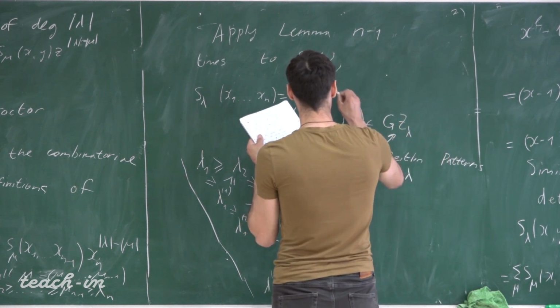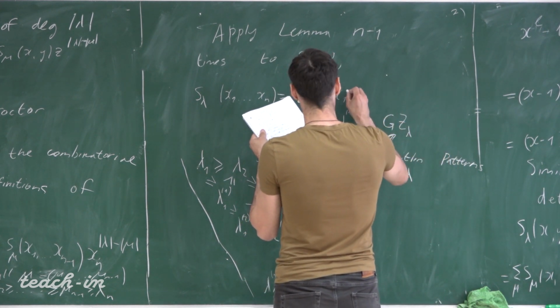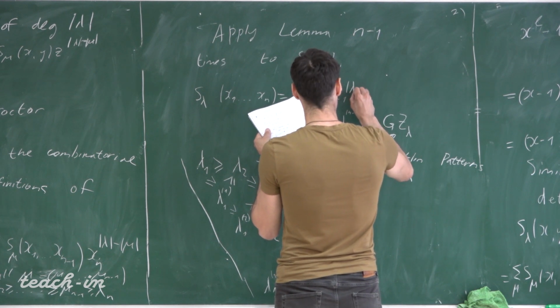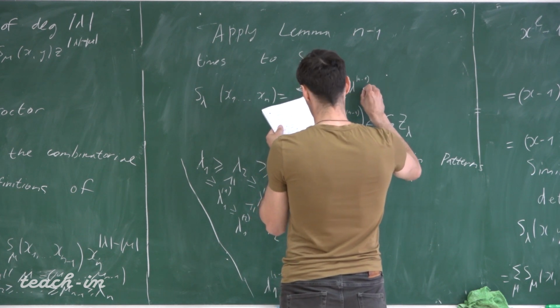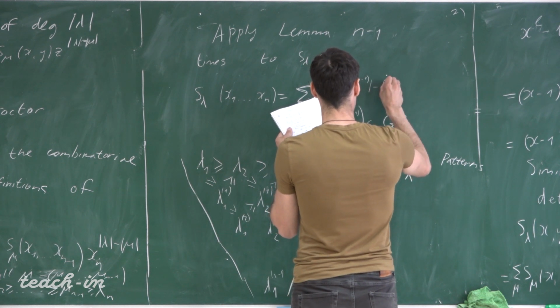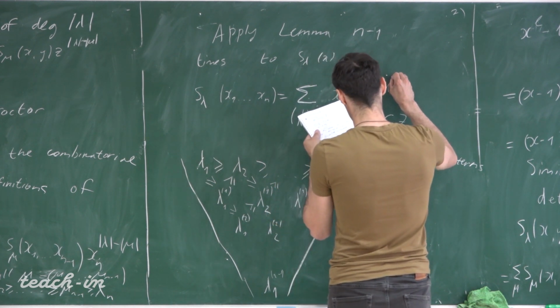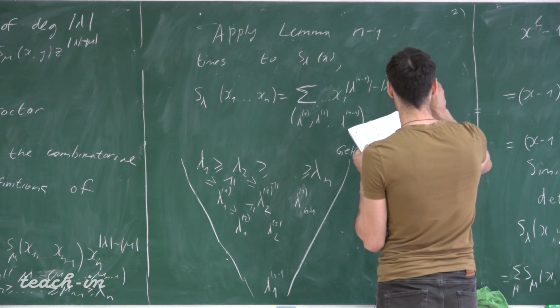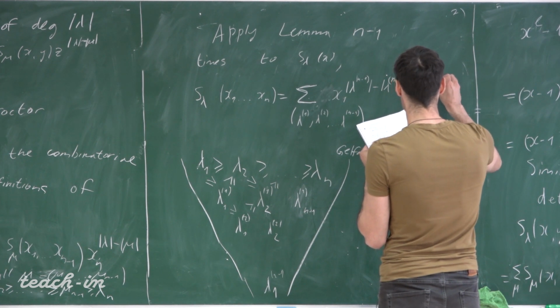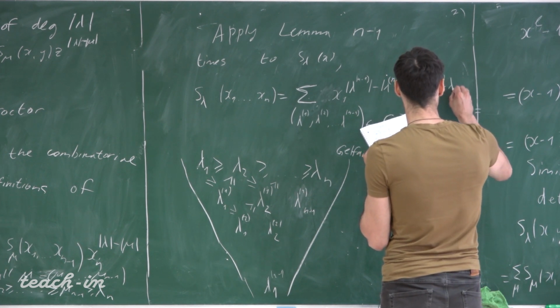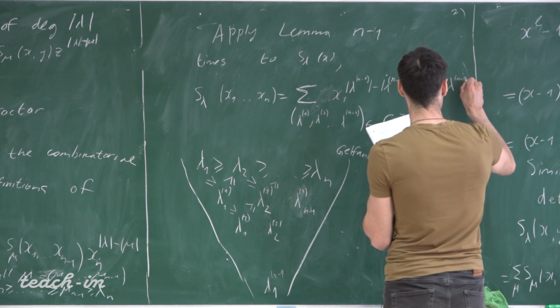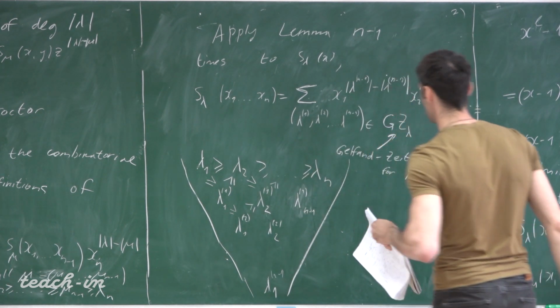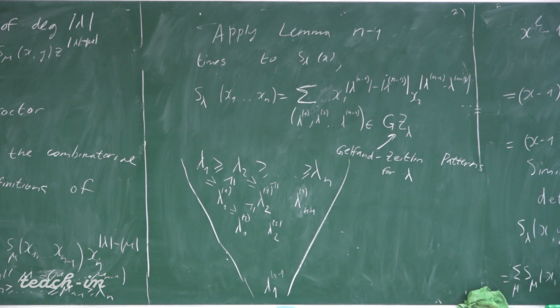And then you have x1 to lambda n minus 1 minus lambda n minus 2, x2 to the lambda n minus 2 minus lambda n minus 3, and so on. So if you apply the lemma n minus 1 times, you will get this.